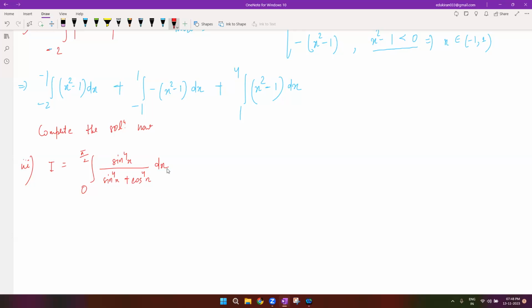Now let's figure out which property we need to use, because that's the most important part, right?